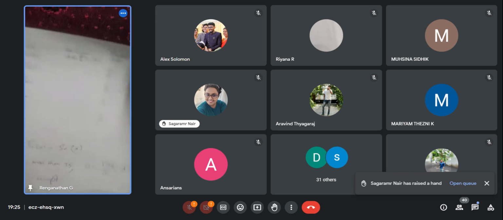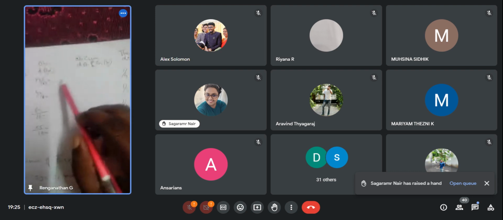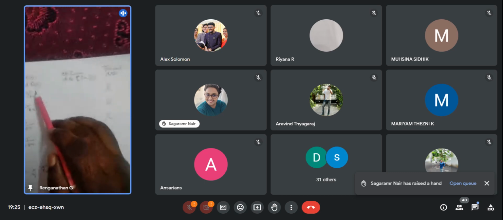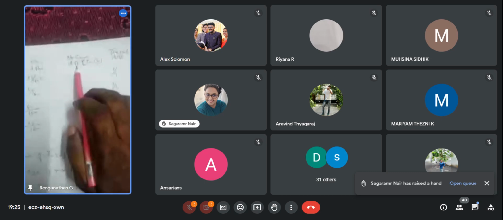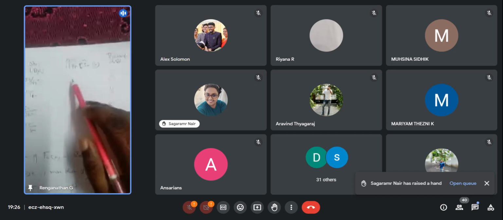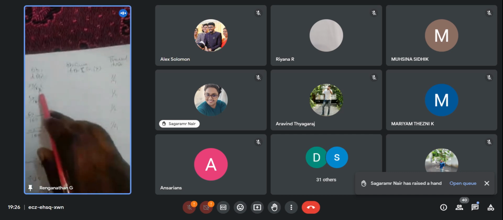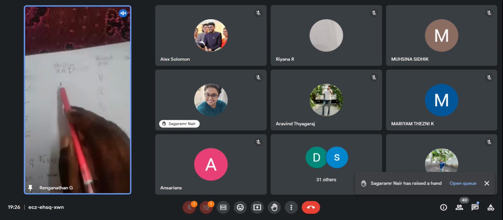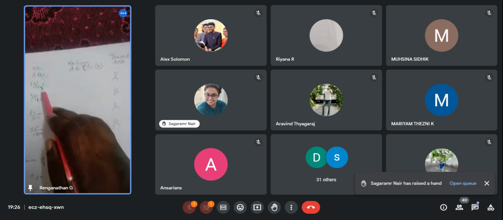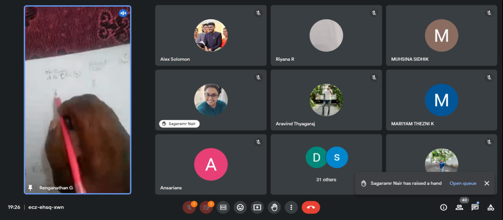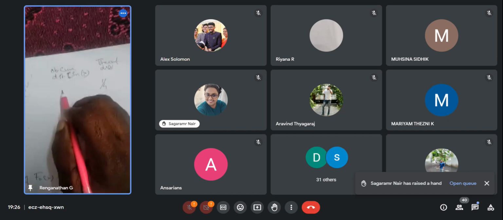Listen clearly to avoid confusion. After observed distribution, now we are writing observed cumulative distribution. How to find this? The first observed distribution is written here. The first observed distribution is the observed cumulative distribution also.